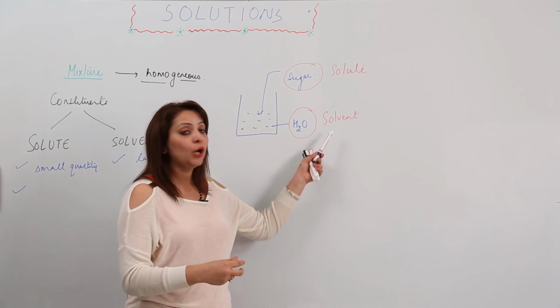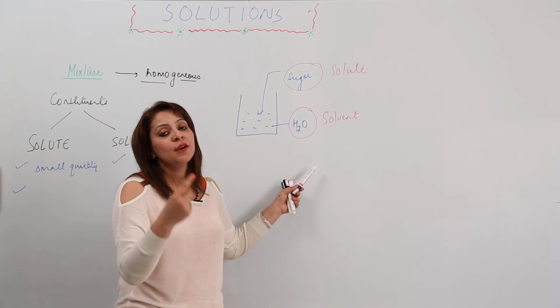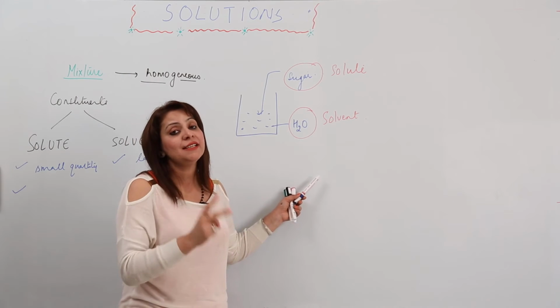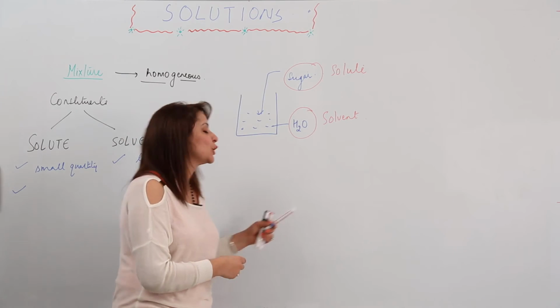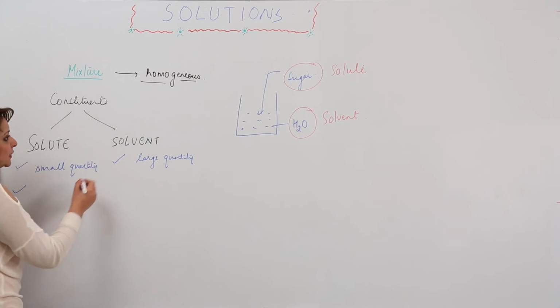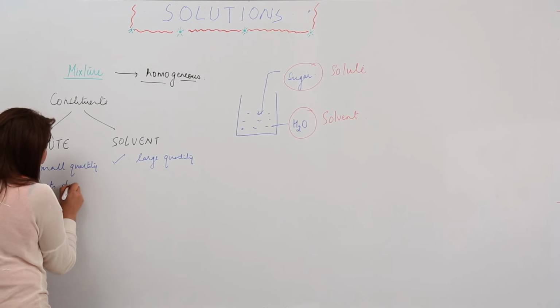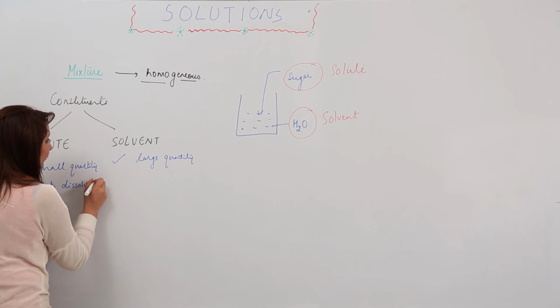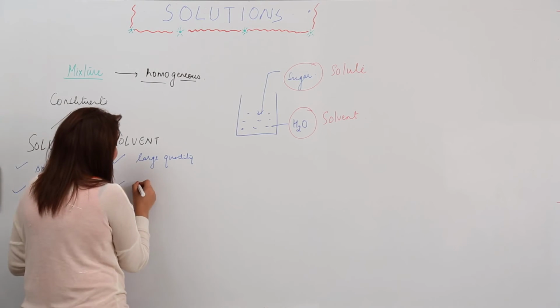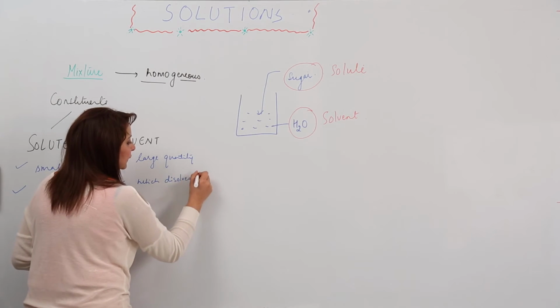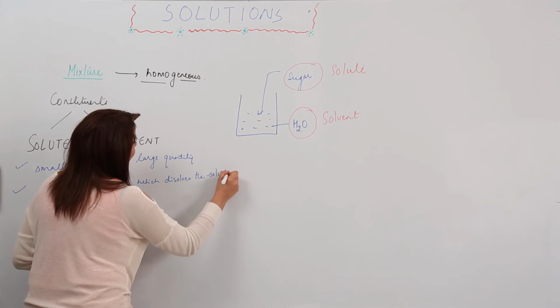The solvent also has two characteristics: present in large amount and it dissolves the other component. It has the ability to dissolve other substances. So I'm just writing the second difference: solute is that which gets dissolved, and solvent is that which dissolves the solute, or you can say the other component.